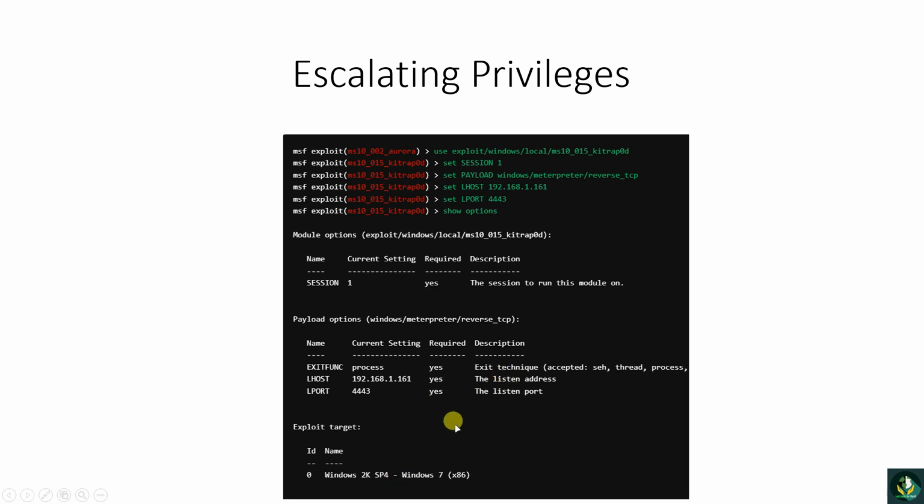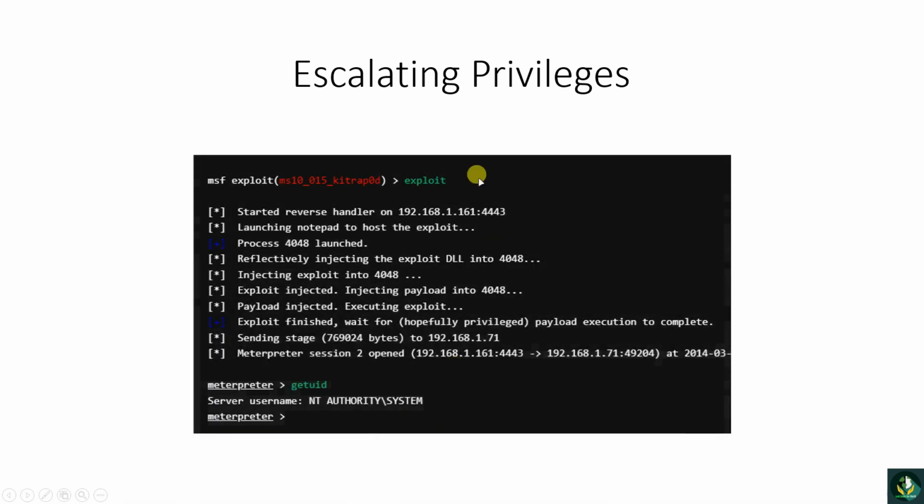After that, Windows 7 is right now in exploit mode, and simply typing exploit will start the reverse handler on the IP that we selected, and it is processed. As you can see, it is sending the exploit to this port.